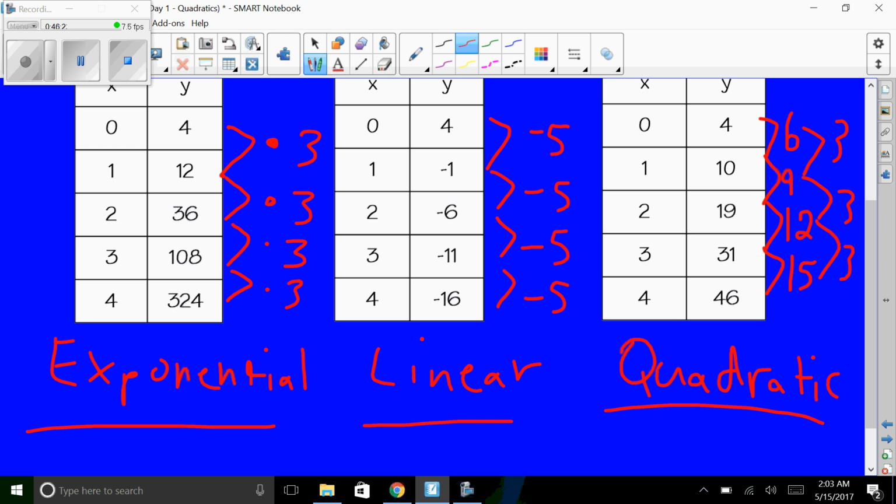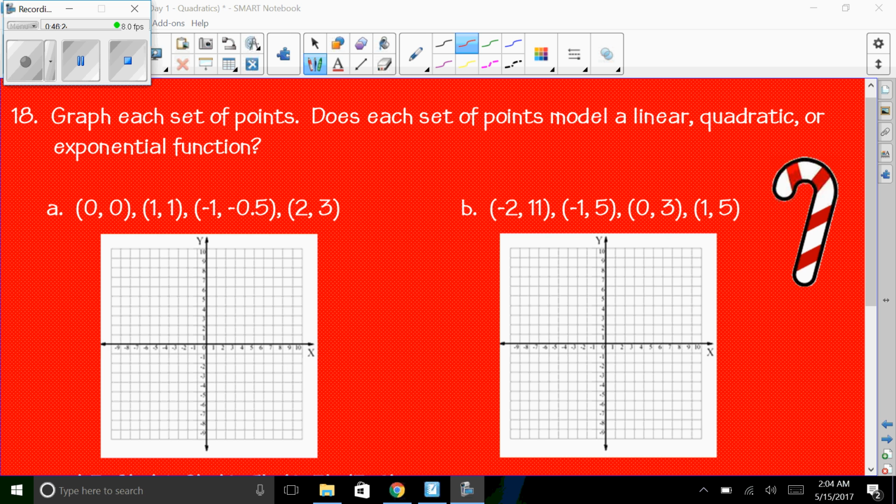Alright, let's look at number 18, graph each set. Does each set of points model a linear, quadratic, or exponential function? Alright, so the first one, 0, 0, that's the origin, 1, 1, negative 1, negative 0.5, and then 2, 3.